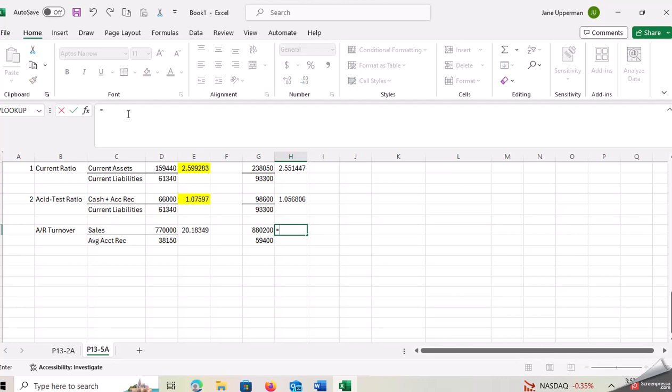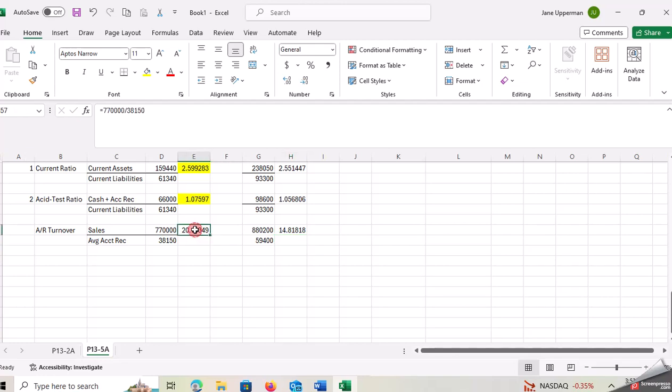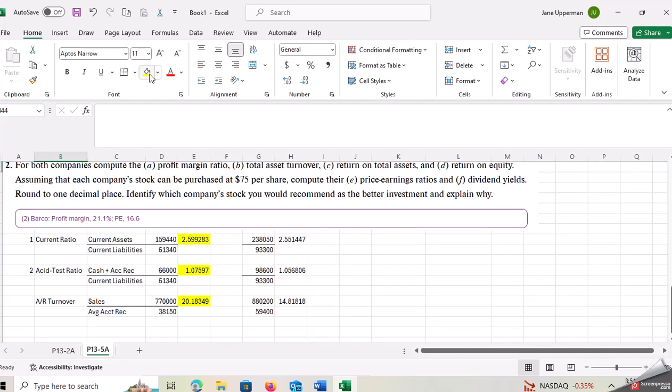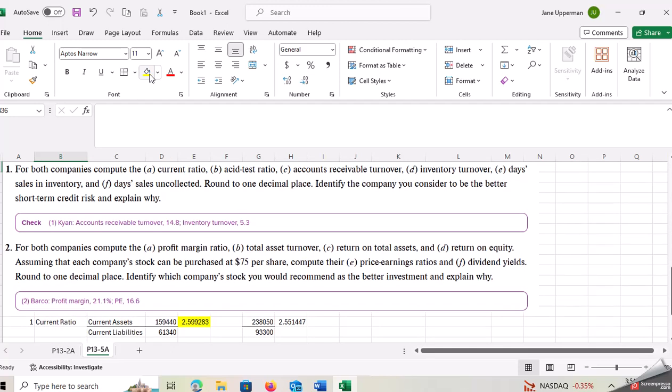And then our formula, again, is 880,200 divided by 59,400. So this one is also the better one. The more it turns over, the better. Then I'm going to skip to the days sales uncollected, because I feel like they go hand in hand.